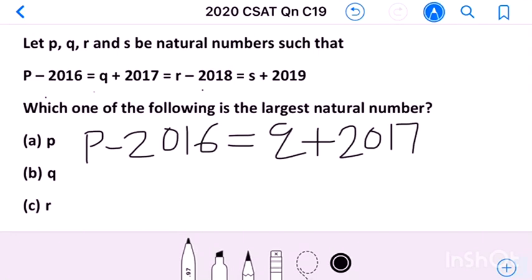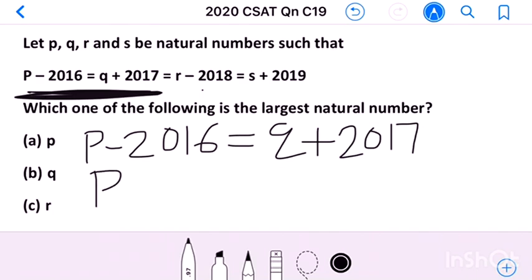Question number 19. Let P, Q, R and S be natural numbers such that P minus 2016 equal to Q plus 2017 equal to R minus 2018 equal to S plus 2019. Which one of the following is the largest natural number? To compare this, first consider the first two terms. P minus 2016 equal to Q plus 2017.